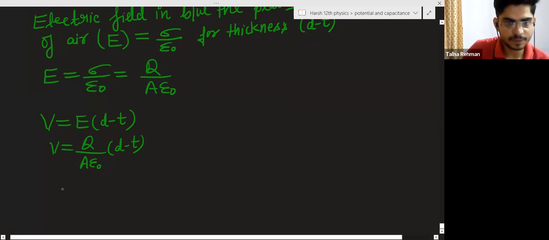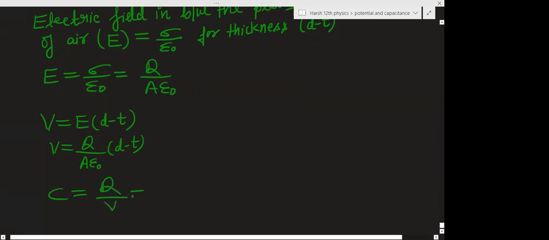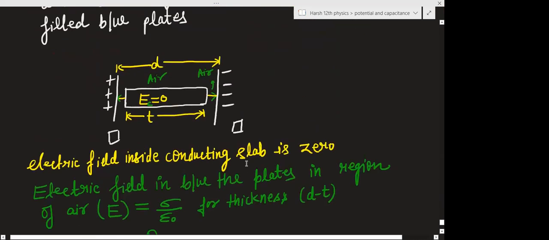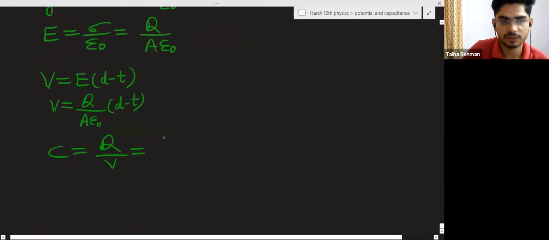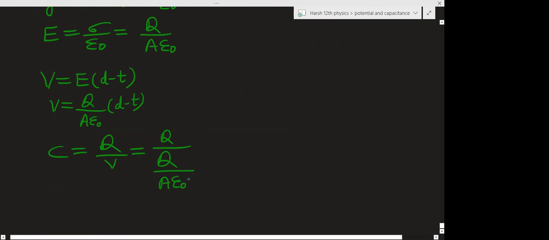And now we calculate the capacitance, C equals Q by V. We have already discussed, here is plus Q charge, here is minus Q. Take any one charge, magnitude Q. And V is equal to Q by A epsilon naught times d minus t.